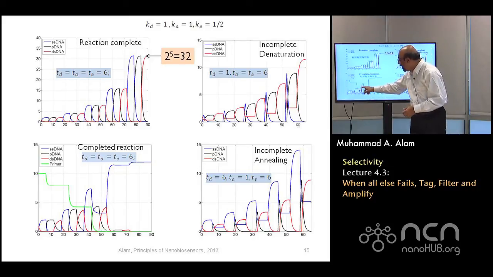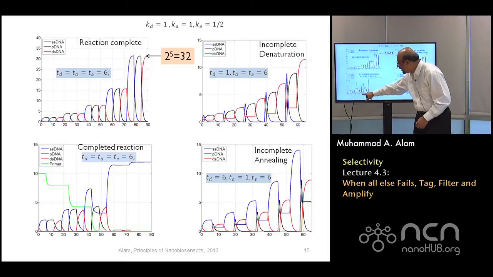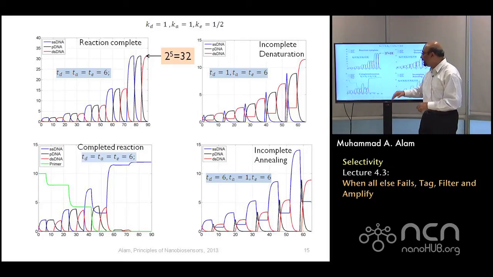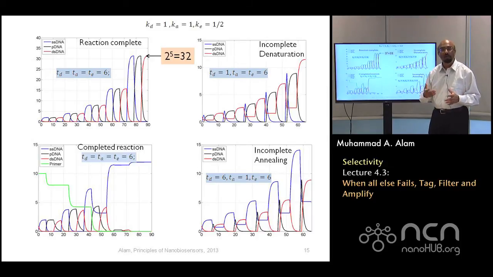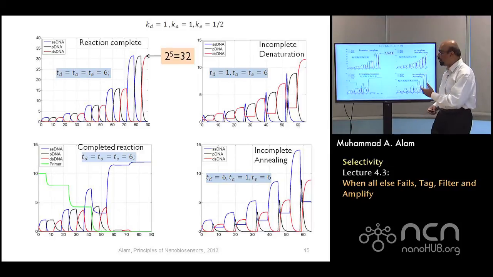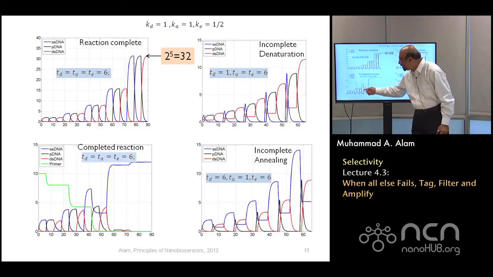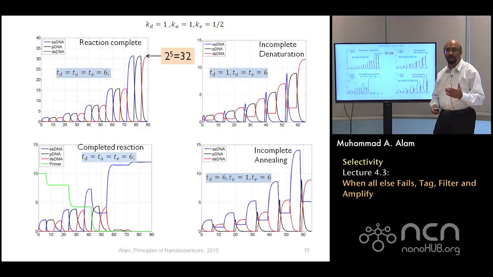As a result, after the primer concentration runs out, after a finite number of cycles, the amplification will completely saturate. It doesn't matter how many cycles you do, because there's no primer available, so the cycle cannot continue. So this is very important because for finite systems, for nanobiosystems, if the primer becomes a constraint, then the amplification may not be complete.